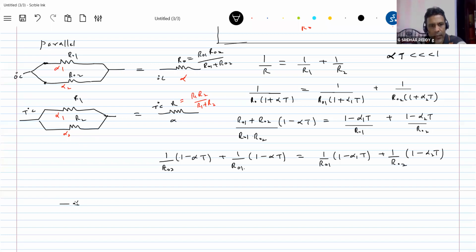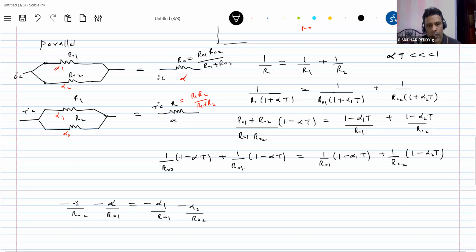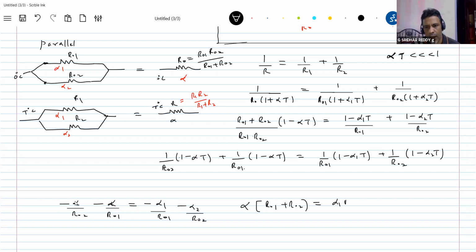So minus alpha by R naught 2 minus alpha by R naught 1 is equal to minus alpha 1 by R naught 1 minus alpha 2 by R naught 2. Alpha should be equal to alpha 1 R naught 2 plus alpha 2 R naught 1 over R naught 1 plus R naught 2, which is the effective alpha.